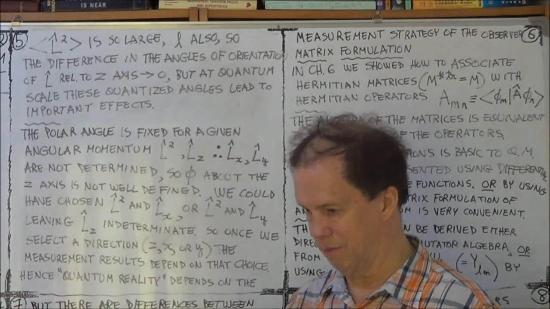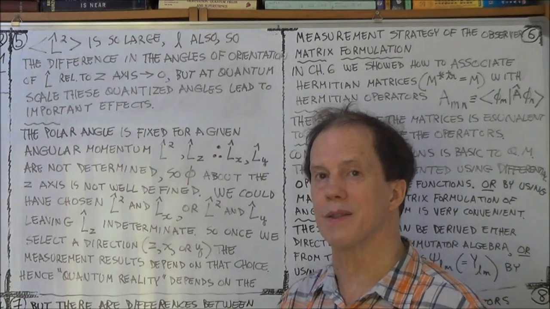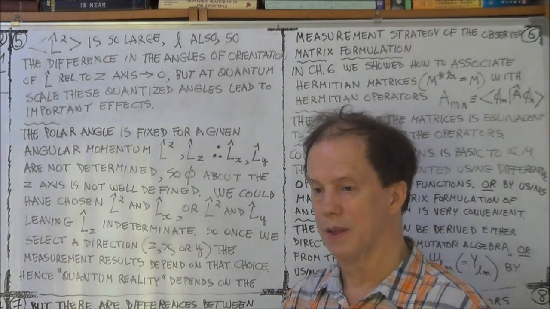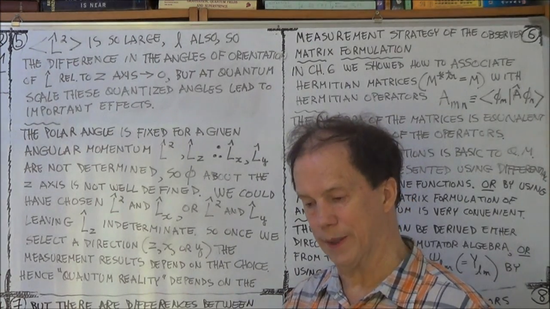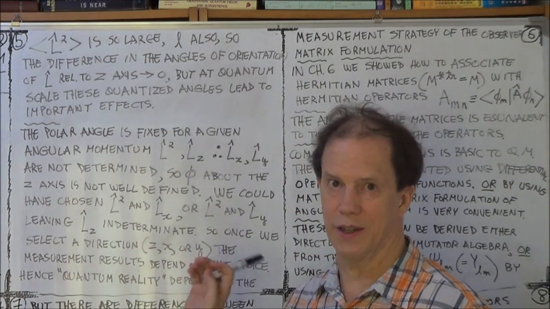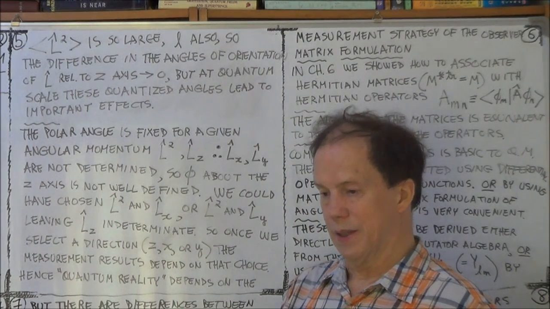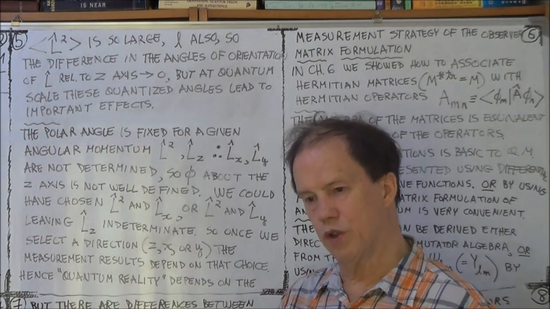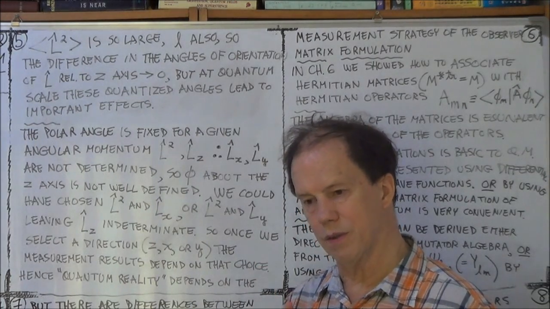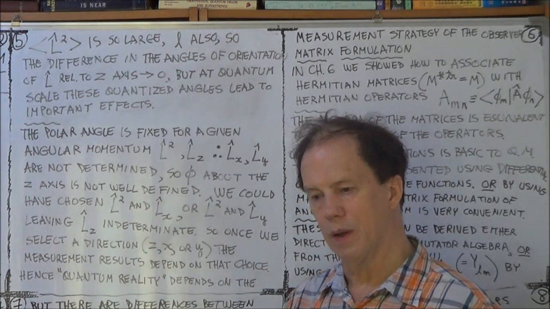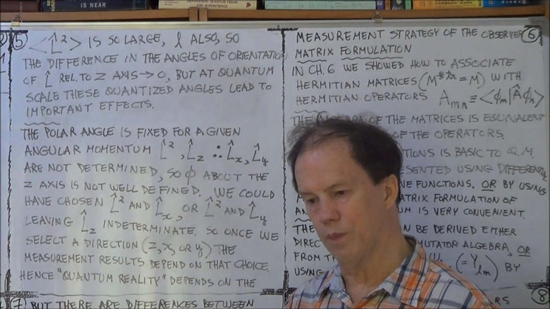Now, this is the sort of thing the philosophers of science, philosophers of quantum mechanics, really like talking about, and I'm only just touching on it now. But what you choose to observe has a certain influence in a subtle way on the outcome of your observations.